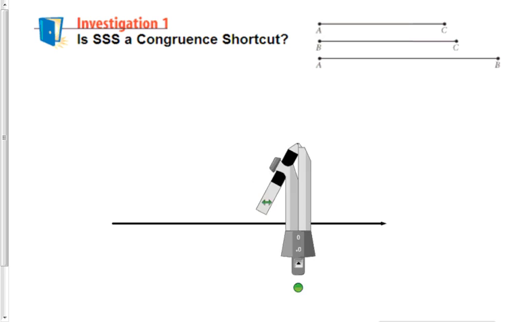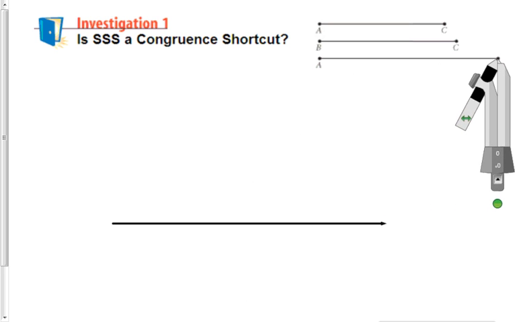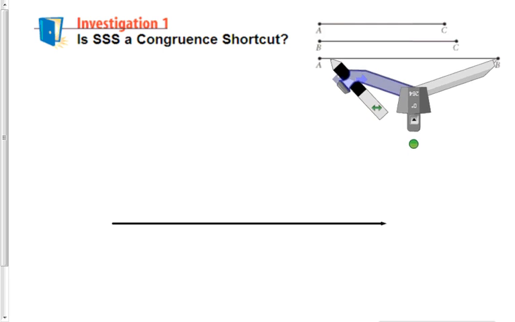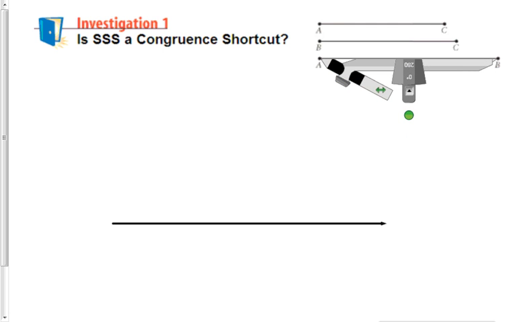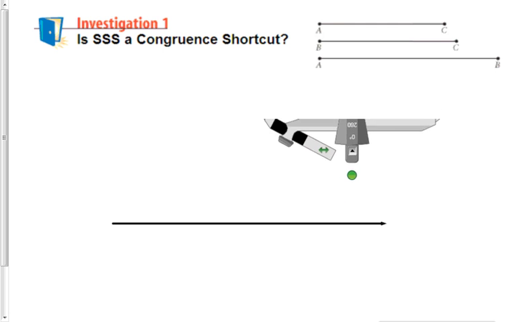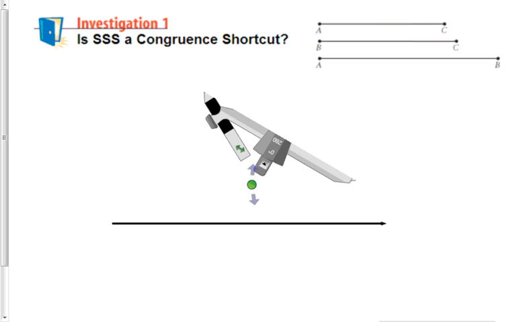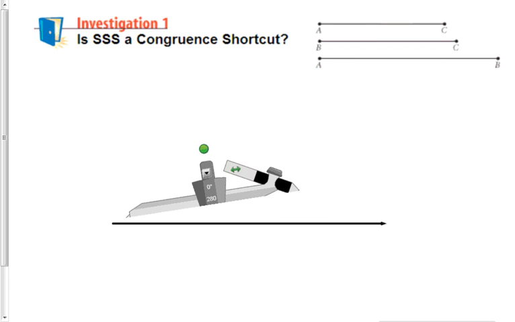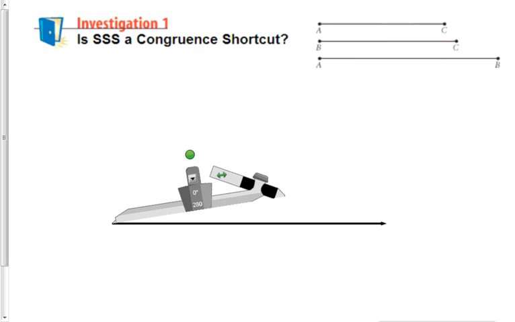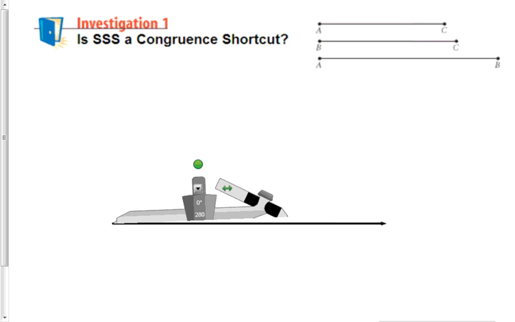So let me take my compass, bring it up here, set that there. And I'll extend this just long enough. Look at that. So I'm going to rotate this around, put it on the end point. It looks pretty good. And I'm going to strike an arc. So right there, there's the length of AB.